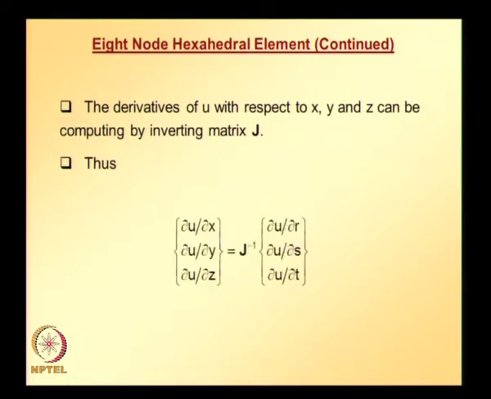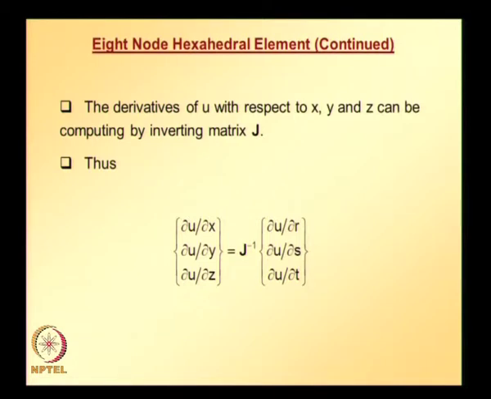Derivatives of u, that is the displacement component along x direction, with respect to x, y, z can be computed by inverting matrix J. So, this gives the inverse relationship of the previous equation, and here we substitute the partial derivatives of u with respect to R, S, T. We know u in terms of finite element shape functions, and since finite element shape functions are in terms of R, S, T, we can easily take derivatives of finite element shape functions with respect to R, S, T. So, we can easily find the partial derivative of u with respect to R, S, T in terms of finite element shape functions.